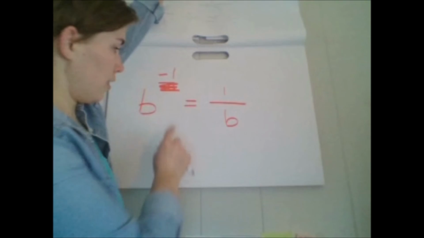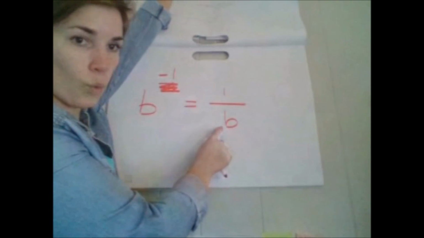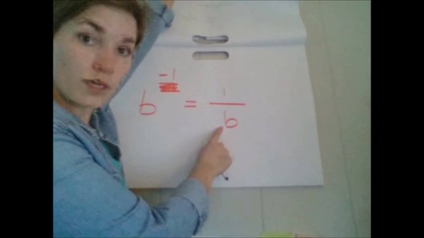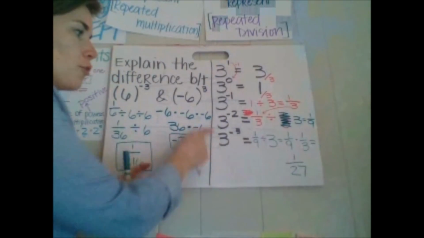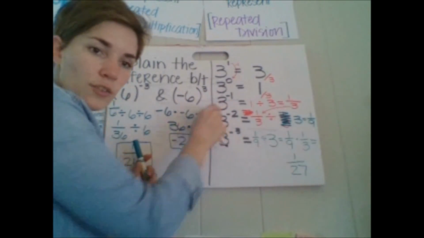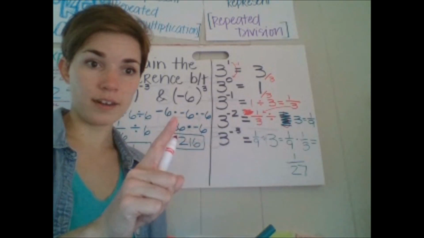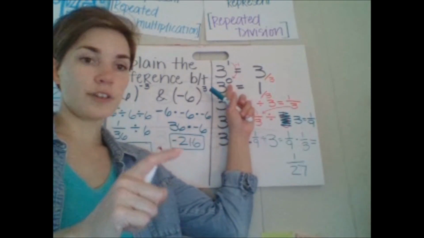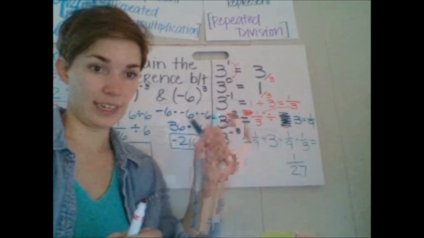B to the negative first power is equal to 1 over B, 1 over your base. Just remember that. Okay? And the way we got there was by going from our 0 power, dividing by the value of the base. Anything raised to the 0 power is 1, and then to move from 0 to negative 1, we had to divide by the base, which was 6 in this case.